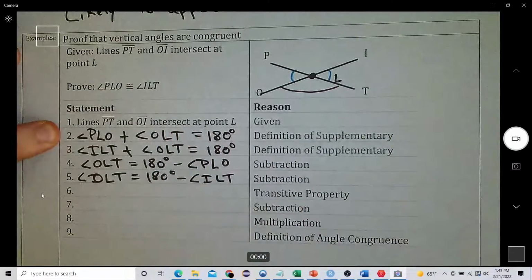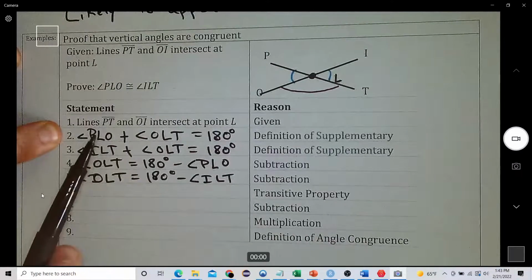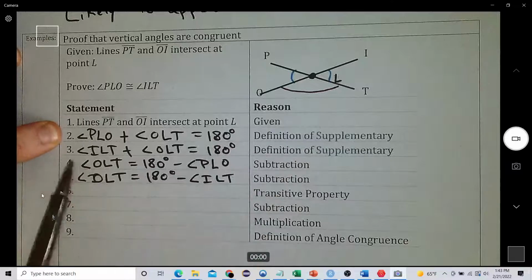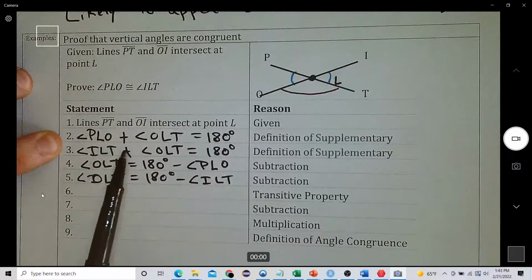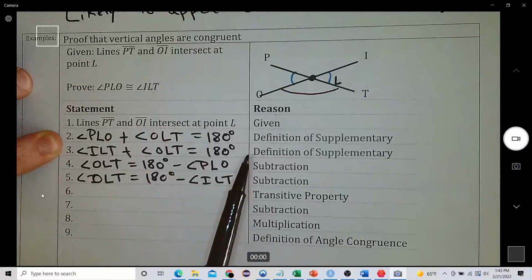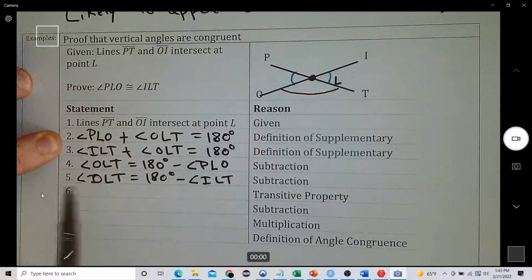In other words, on line 2 here, we just subtracted angle PLO from both sides. That's how we got to line 4. On line 3 here, we subtracted angle ILT from both sides, and we got line 5. That's what we did.